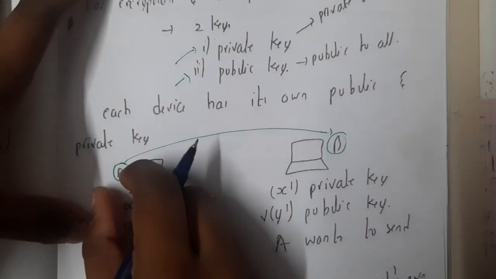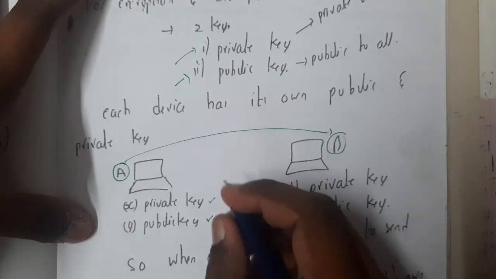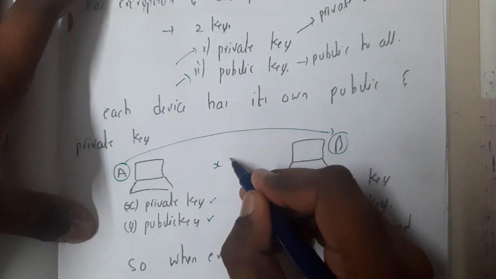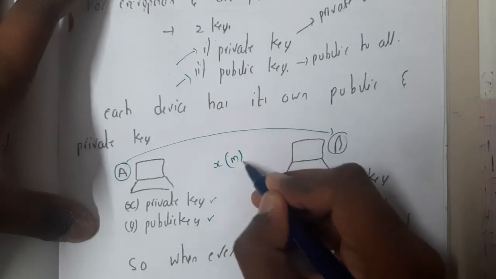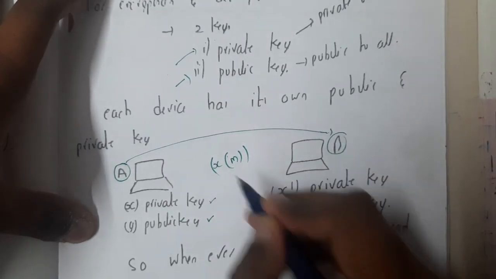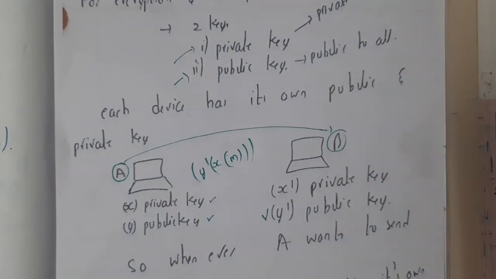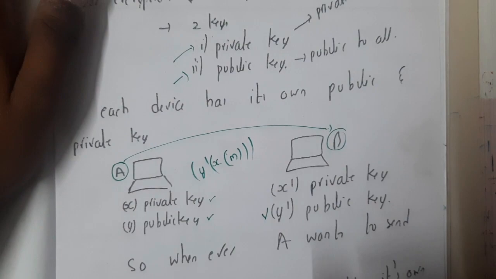Once the message is received at B, if you observe, I told you first we need to do it with X, right? So I'll write it this way, guys: X of message. Then again for this we need to apply Y dash. Once it is done, the magic trick happens here.